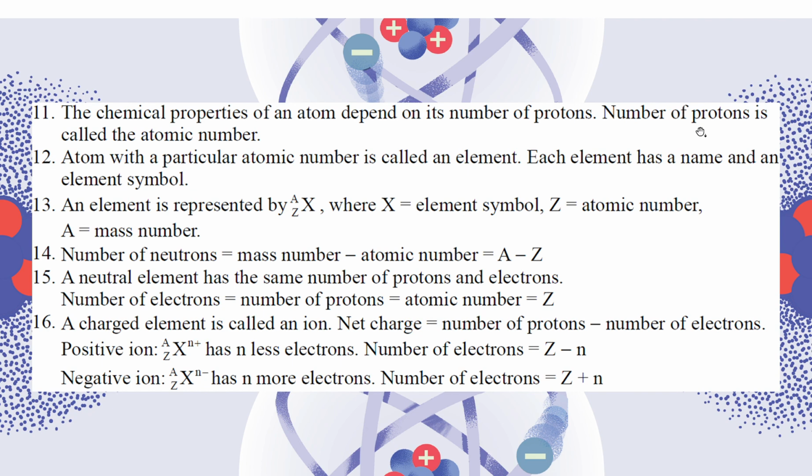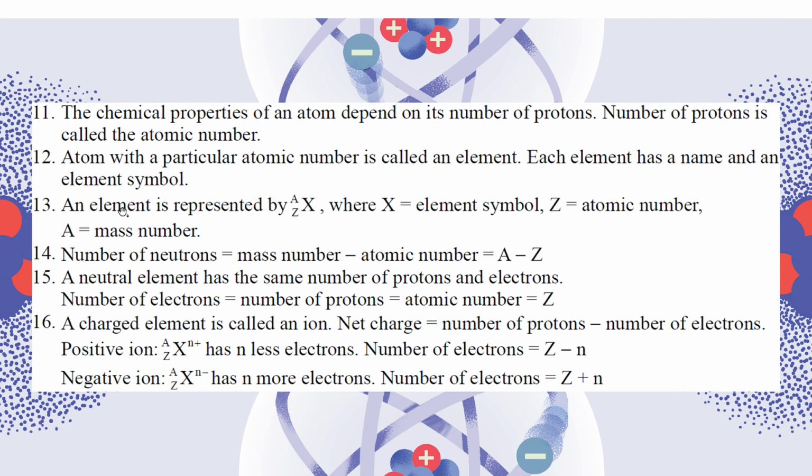The number of protons we give a name: atomic number. This atomic number determines which element the atom is. An atom with a particular atomic number we call an element, and each element has a name and an element symbol. For example, carbon is C, nitrogen is N. Look at the periodic table, you learn a lot from that.